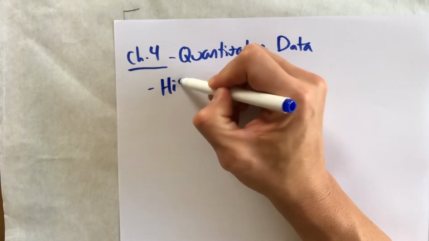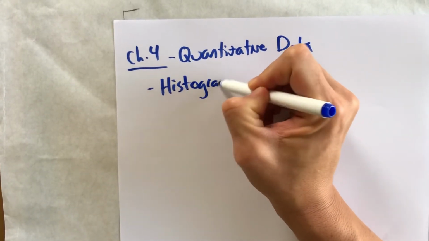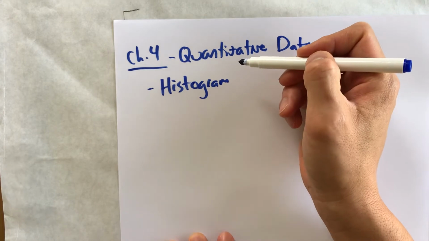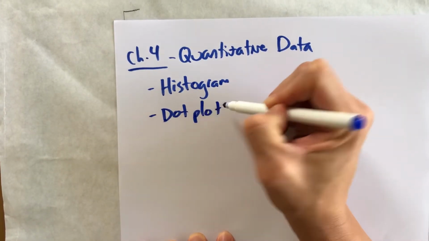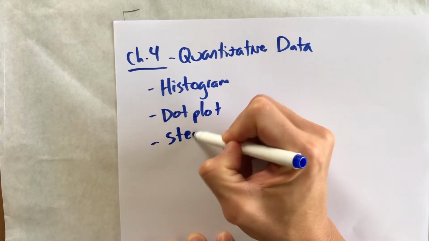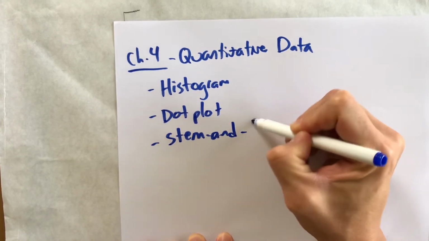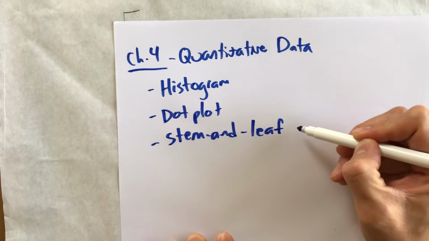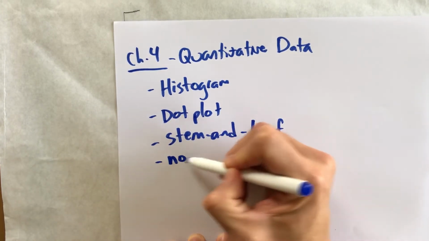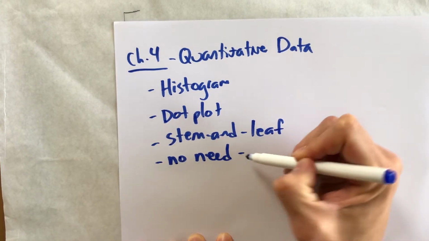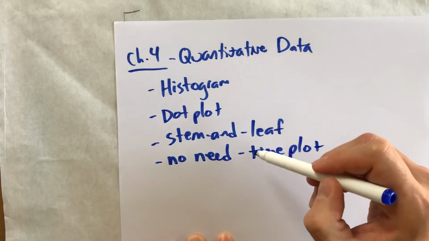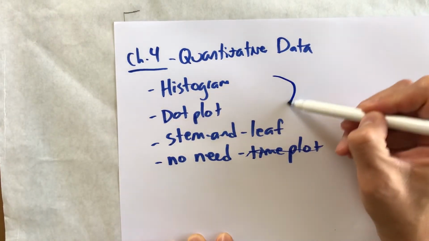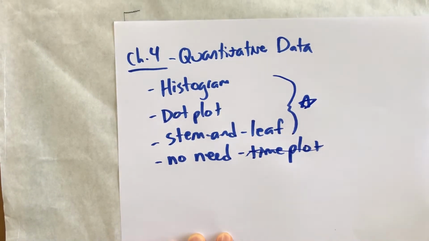You know how to make and interpret a histogram. Make sure you know a dot plot. Make sure you know the stem and leaf. Also the back-to-back stem and leaf. The one you do not need is the time plot, okay? So don't worry about time plots, but make sure you know these 3 right there.